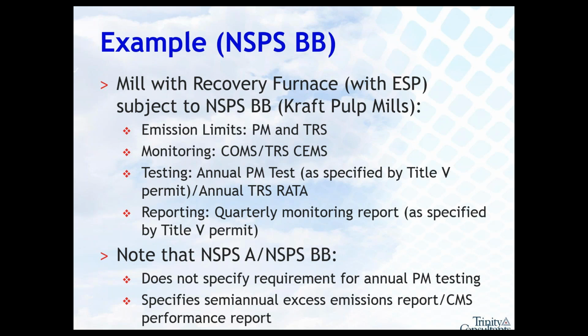Key things to keep in mind here for this example, the NSPS general provisions and NSPS BB in this case do not specifically identify annual PM performance testing as an applicable requirement. The rule BB does specify an excess emission report and CMS performance report, however.